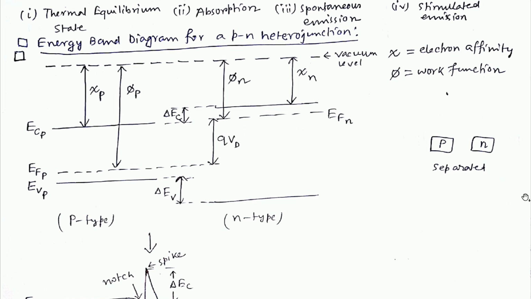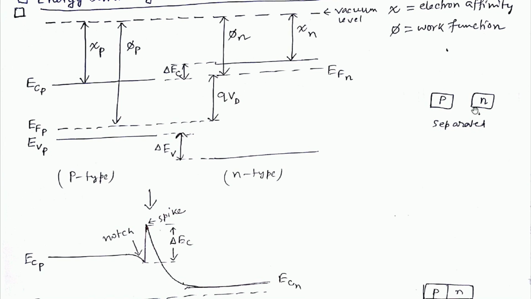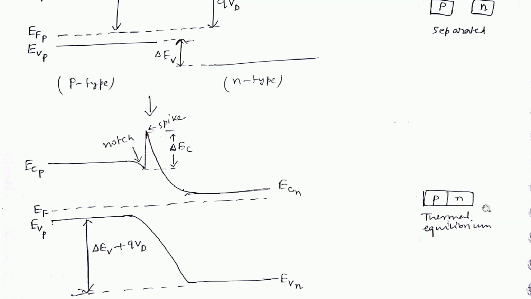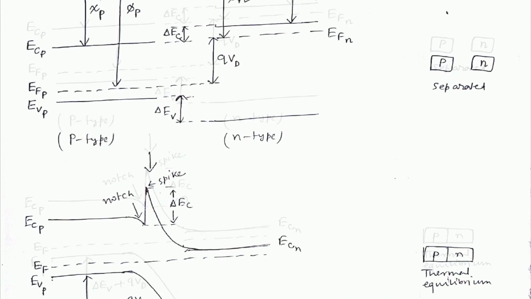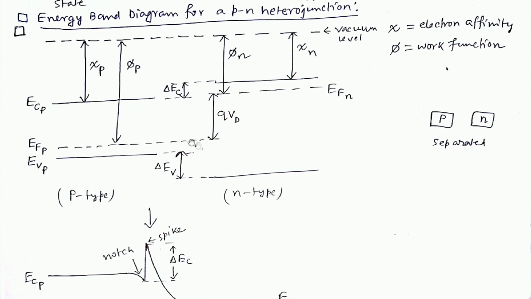Now what happens when you make contact with each other? This is for p and n separated, but when you make contact, then at thermal equilibrium you get such a spike in the diagram. The logic behind this is that at thermal equilibrium the Fermi level must be aligned, and accordingly the other things are set.